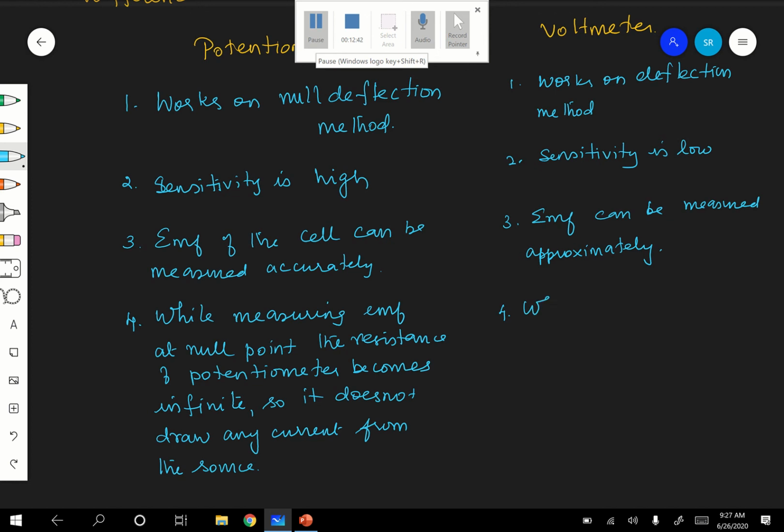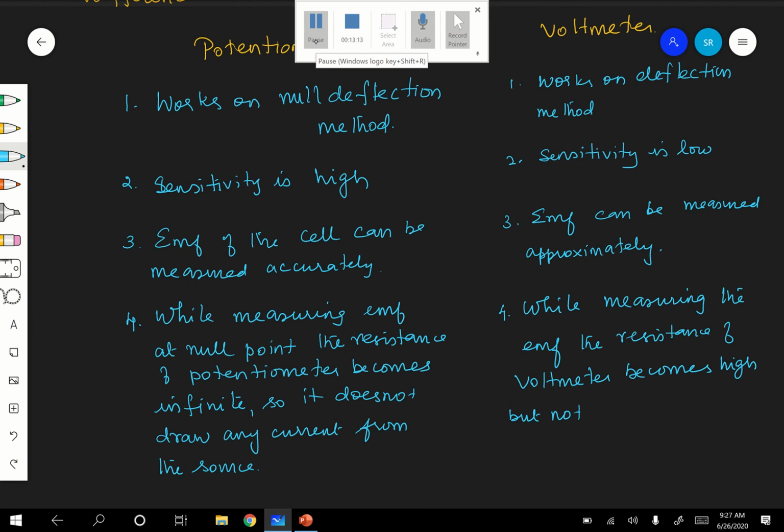So while measuring EMF, the resistance of the voltmeter, very important, becomes very high, but not infinite.